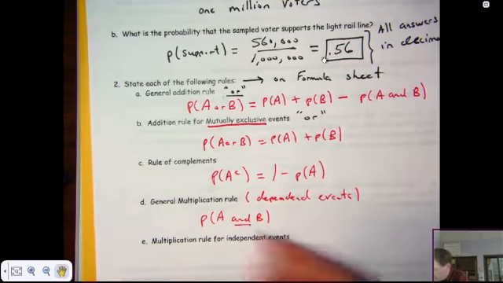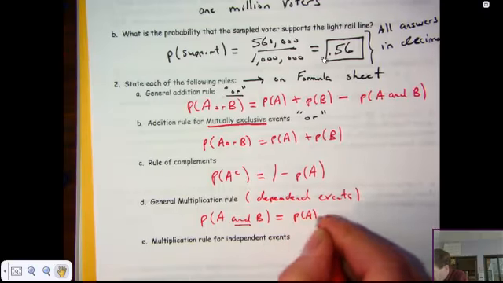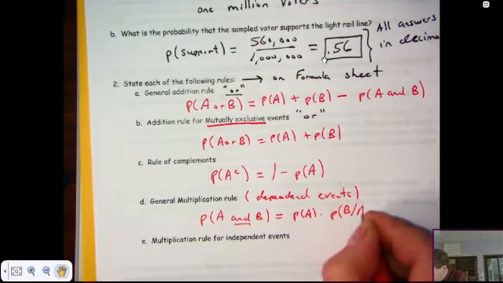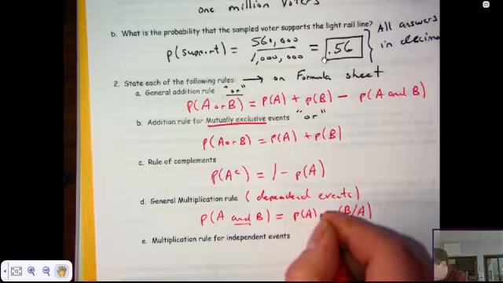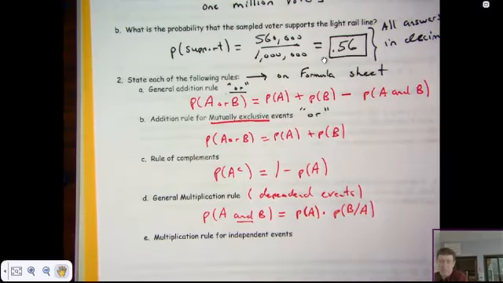These are the ands. Well, this is the probability of A times the probability of B, given that A has occurred. Dependent events. One event affects the next event. The probability changes because one event has taken place.